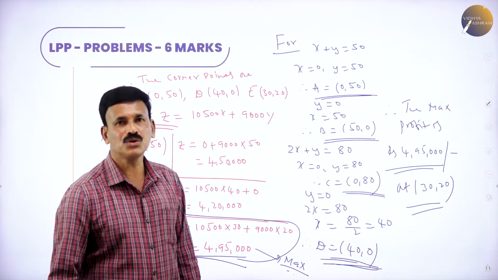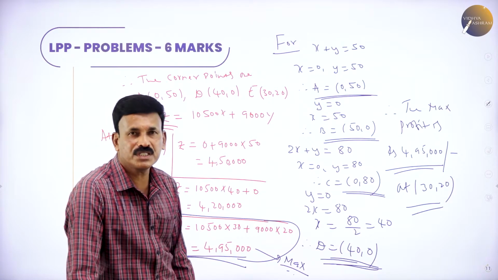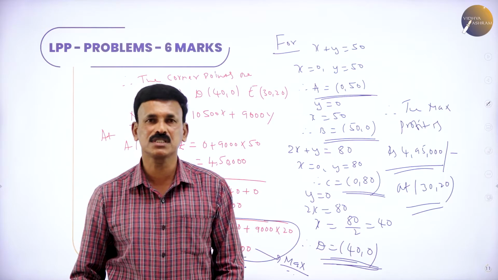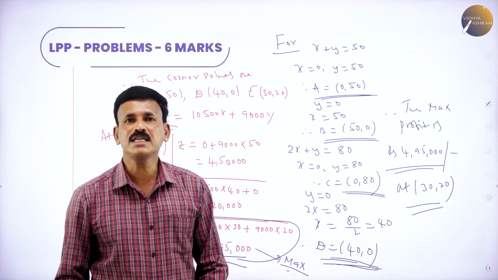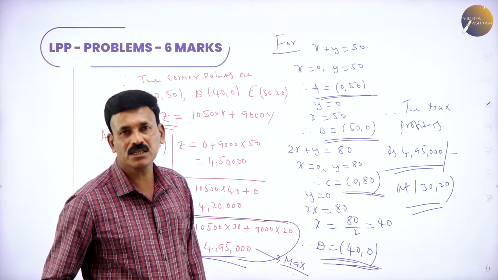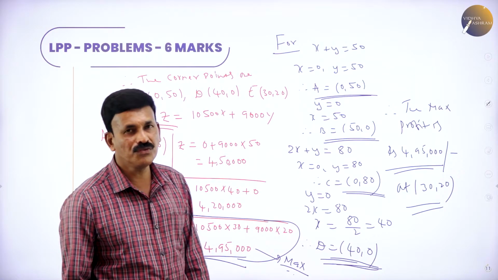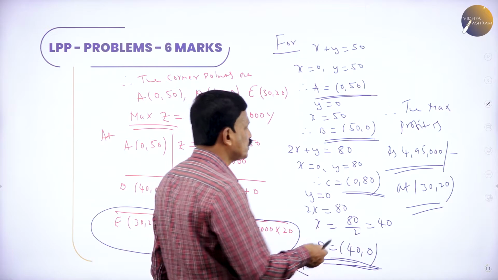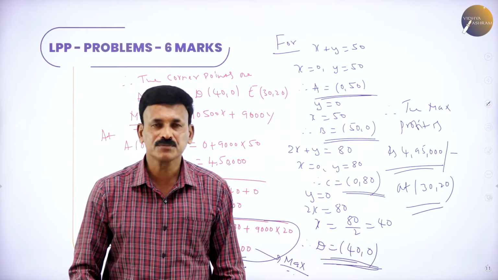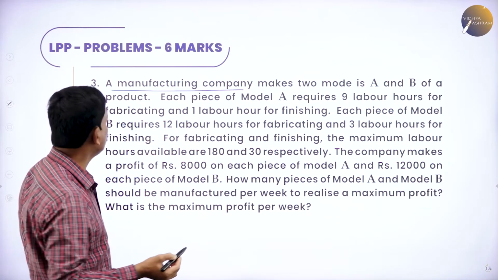That means if you grow 30 acres of land for X and 20 acres of land for Y, that is the solution. So by allocating 30 acres of land for the crop X and 20 acres for the crop Y, we are going to get the maximum profit of rupees 4,95,000.